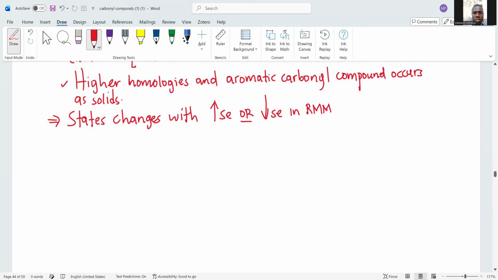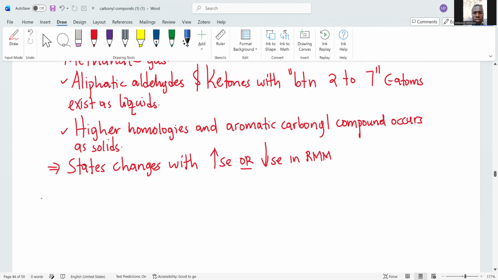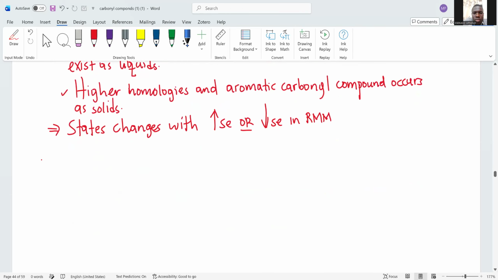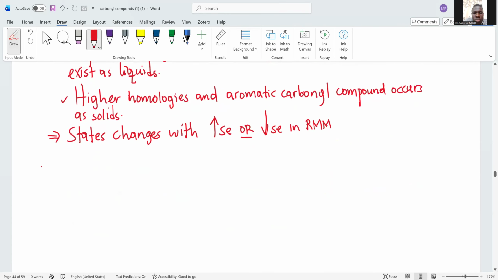Then the other property for exploration is part B, solubility.